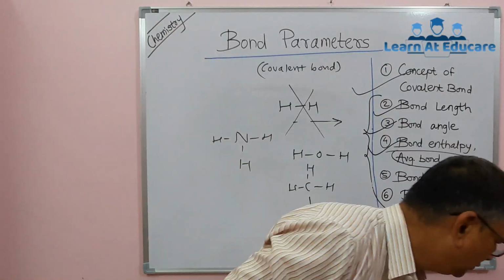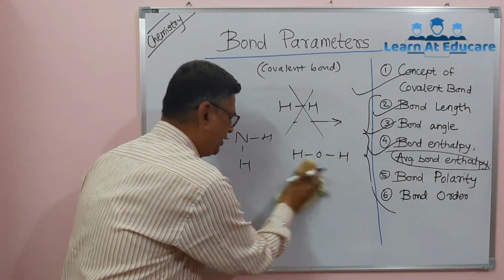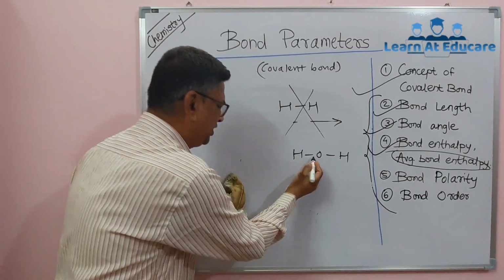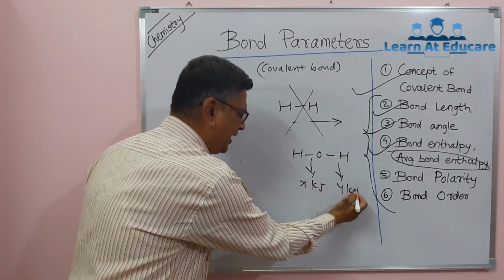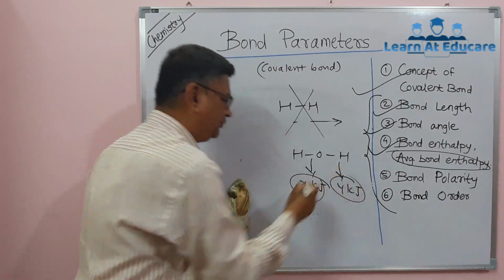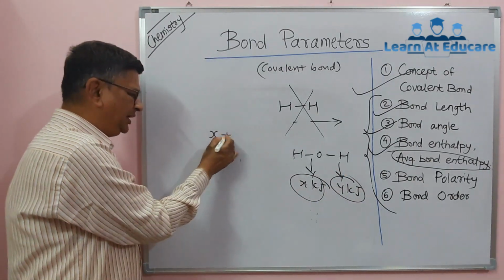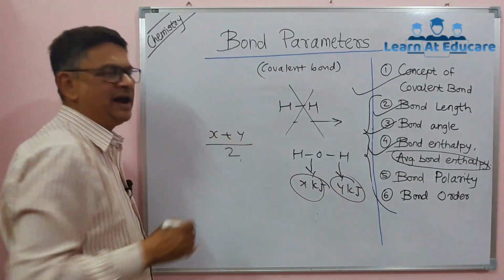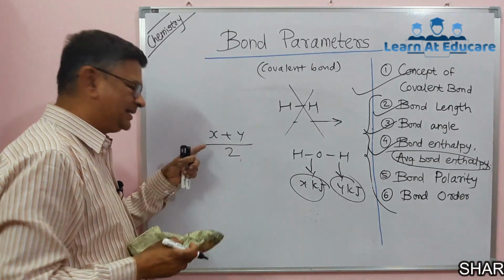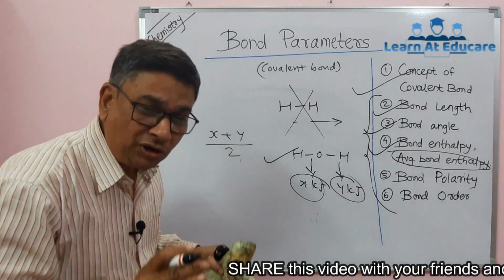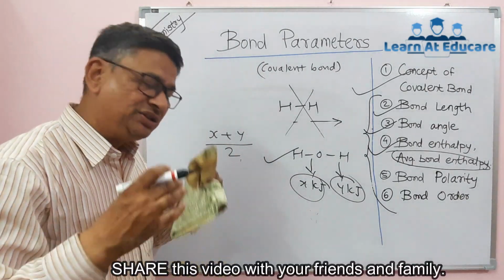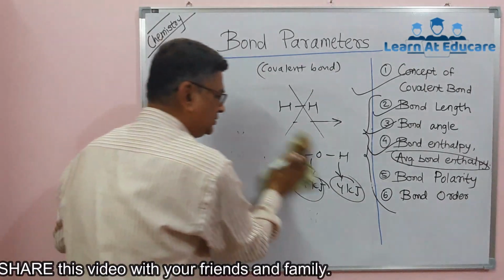Suppose breaking the first O-H bond in water requires X kilojoules, and breaking the second requires Y kilojoules. Then the average will be (X plus Y) upon 2. That is the average bond enthalpy of the O-H bond in the water molecule. There can be other examples also.